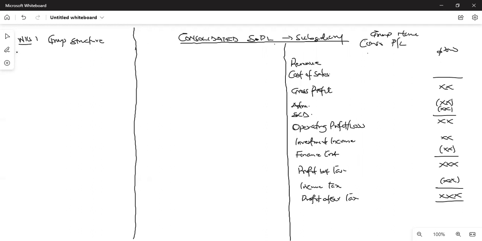Then you also do your workings on the fair value of net assets of subsidiaries. We had 3: at acquisition, at reporting, and post-acquisition.